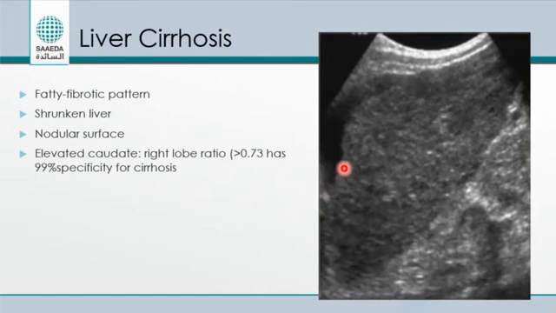If you see any nodularity, micro or macro, it doesn't matter, any nodularity indicates possible liver cirrhosis, okay? And again, the caudate lobe will increase in size, and an elevated caudate to right lobe ratio of more than 73% has a 99% specificity for cirrhosis, okay?